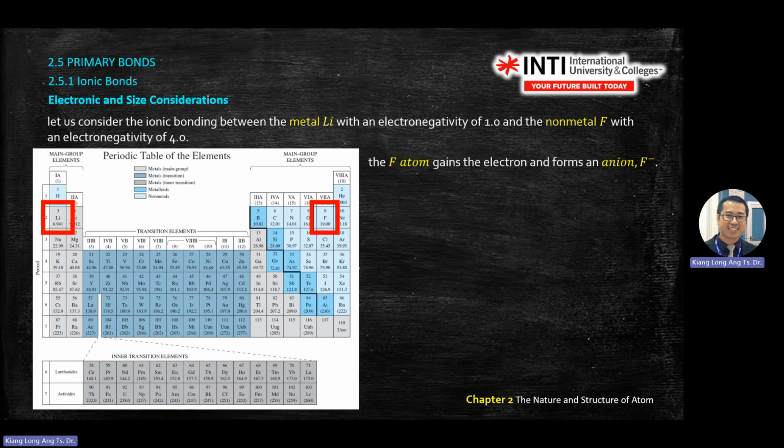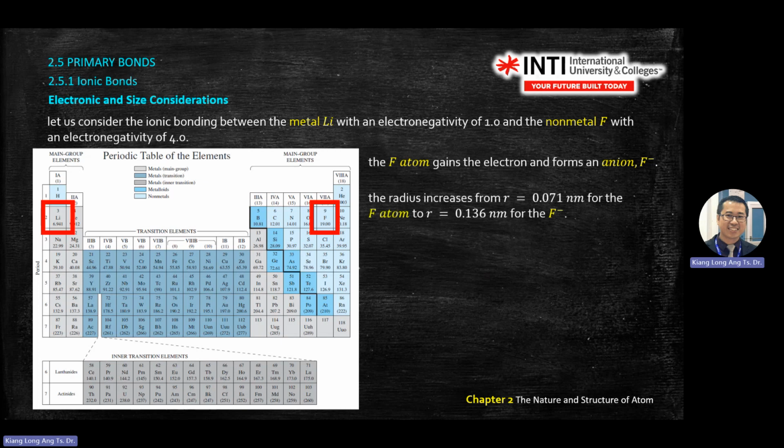This is 2s. 1, 2, 1, 2, 3, 4, 5. Yeah, 9, right? This is the SPDF for F. So it receives 1 electron, becomes anion, F negative.